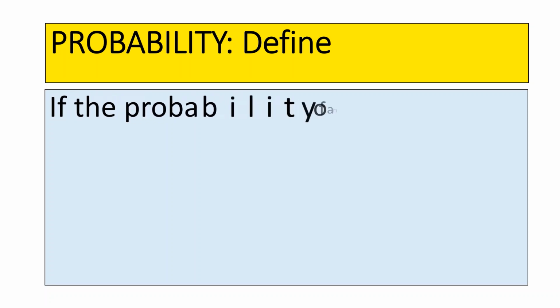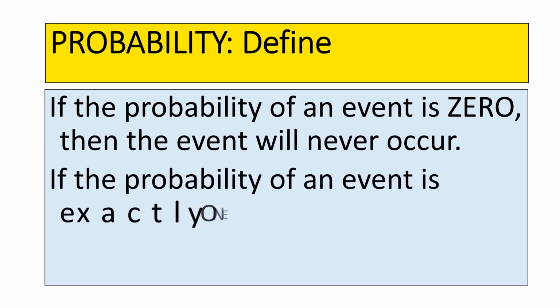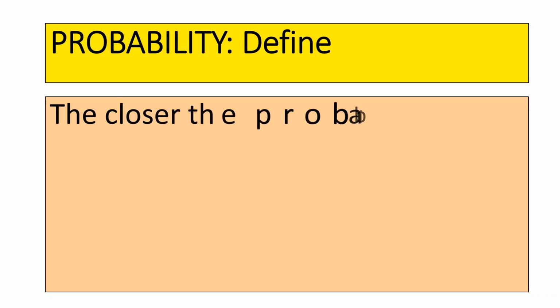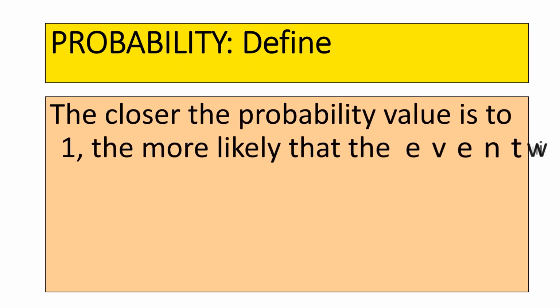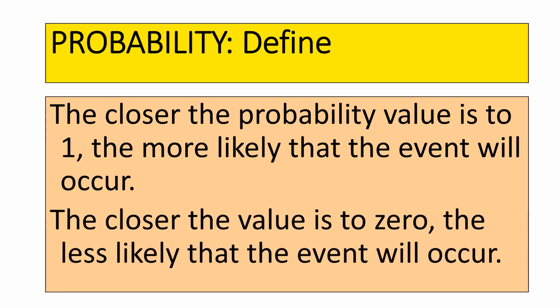If the probability of an event is 0, then the event will never occur. If the probability of an event is exactly 1, then the event will definitely occur. The closer the probability value is to 1, the more likely that the event will occur. The closer the value is to 0, the less likely that the event will occur.